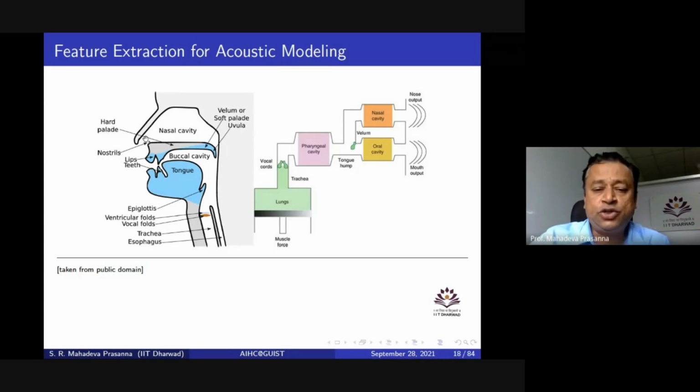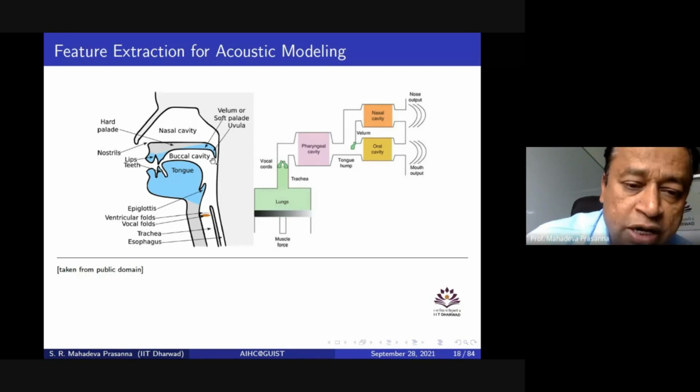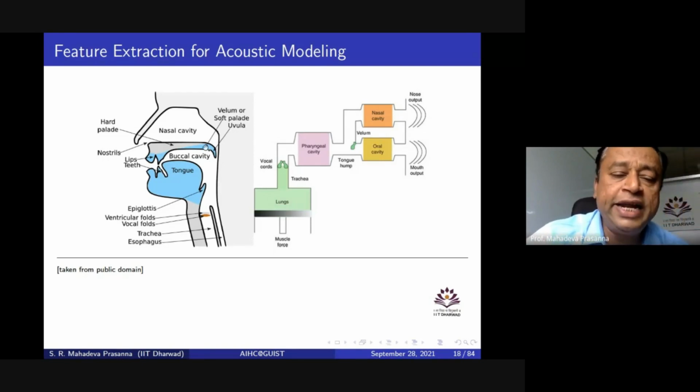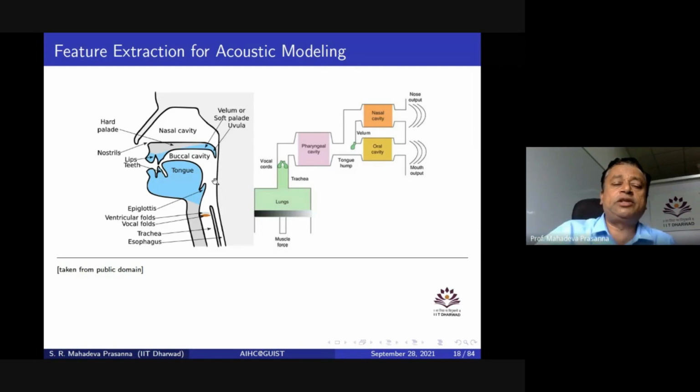This is ensured by the proper functioning of the velum. Suppose, due to any reason, that is not available, then you will not be able to produce proper oral sounds. You will produce them, but they are highly nasalized because the nasal cavity is also coupled with the oral cavity.